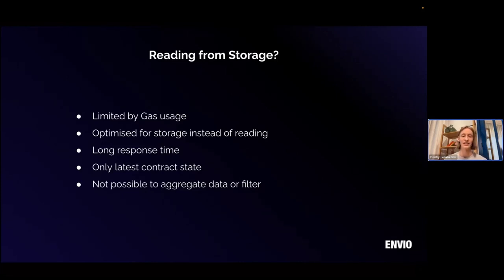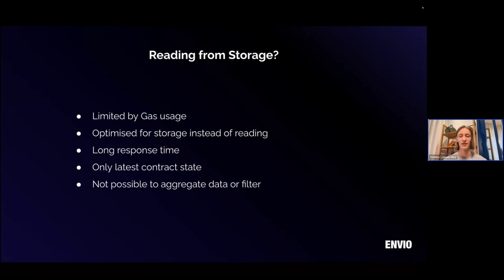Also you get only the latest state of the contract, so you can't get the historical state, or for example when some operation was called, the time of it, unless you specifically store it on the contract and pay additional gas costs, so really expensive.